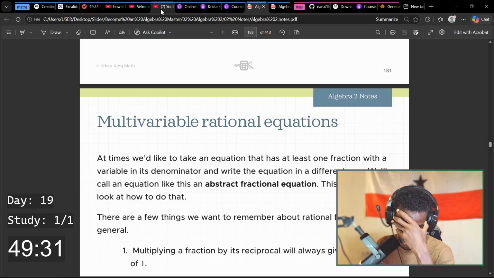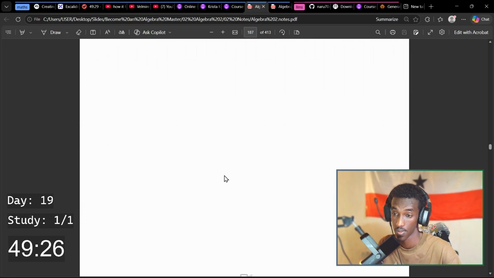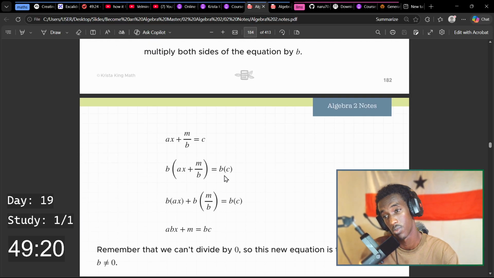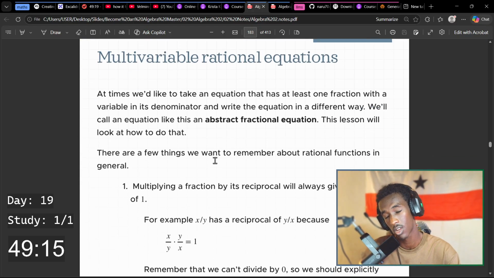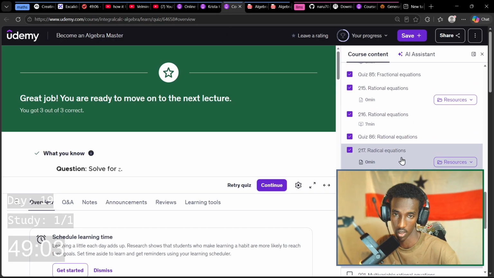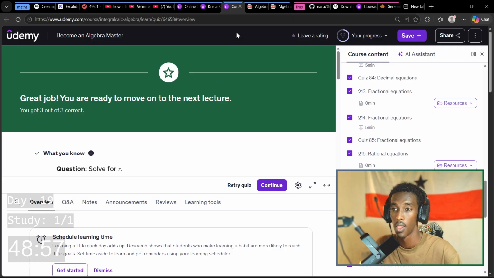Let me just check this one. It looks like it's not that complicated, and it won't need that much reasoning, I think. They are utilizing the exact same techniques that I have used for rational equations in previous lessons. Yeah, they're going to utilize these techniques to solve.